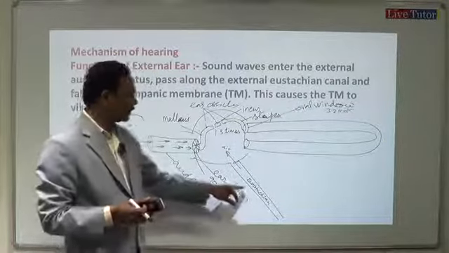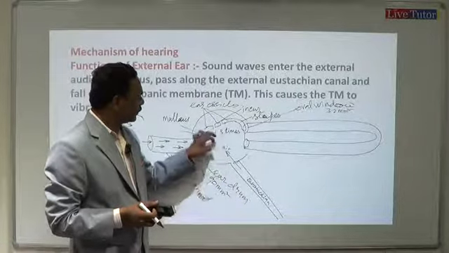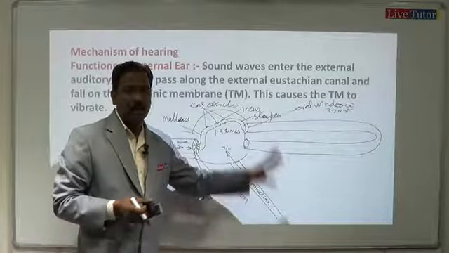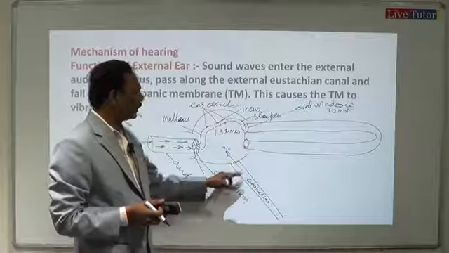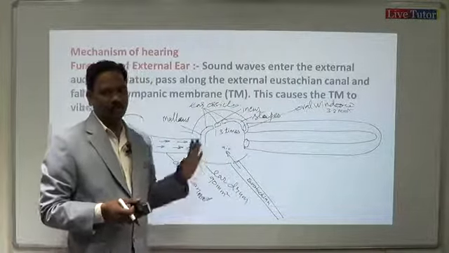So now you know what the Eustachian canal is. It connects the middle ear to the nasopharynx. Its function is to equalize the air pressure in the middle ear and the external atmospheric pressure.